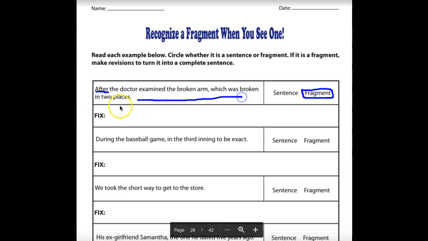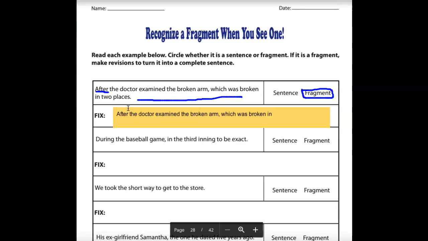did he do? So rewrite that, and let's see, we'll go to a text. Hold on. Let me go here, and I'll show you. Okay, so after the doctor examined the broken arm, which was broken in 2 places, he put a cast on it.